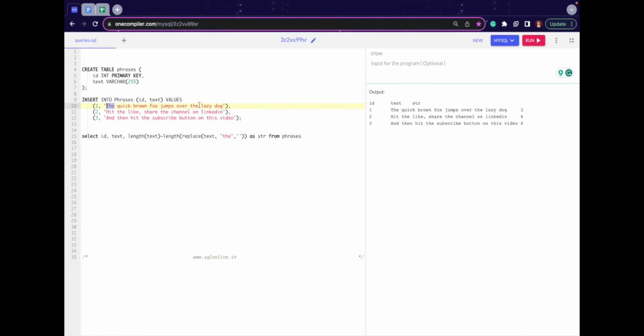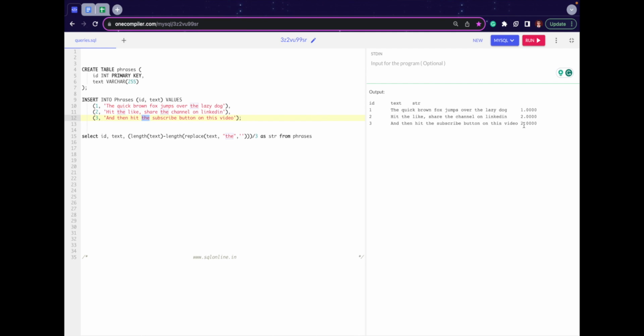It's case sensitive. So what do we do here? We are going to divide the entire thing by 3, because each word "the" is of 3 characters. So we divide by 3 and it says 1, 2 and 2. It's counting 1 occurrence of "the" here, 1 occurrence here and 1 occurrence here.